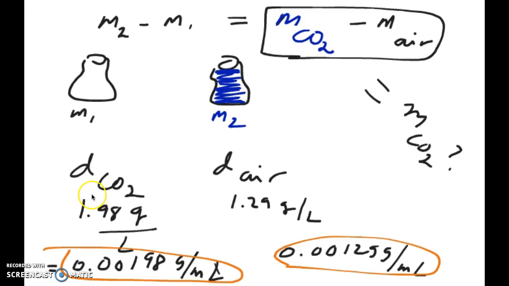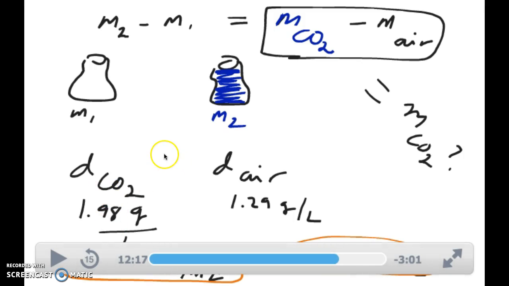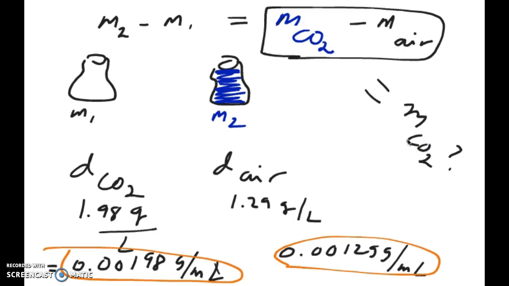But if we look at the density of CO2 and the density of air, you look this up online, you find that the density of CO2 is 1.98, and the density of air is about 1.29. So CO2 is denser than air, but not by a whole lot. In fact, it's not even double. So if that's the case, the values that I'm subtracting would be fairly close in terms of number, so it's really not correct to say that the mass of CO2 minus the mass of air is going to be exactly equal to the mass of CO2, right?